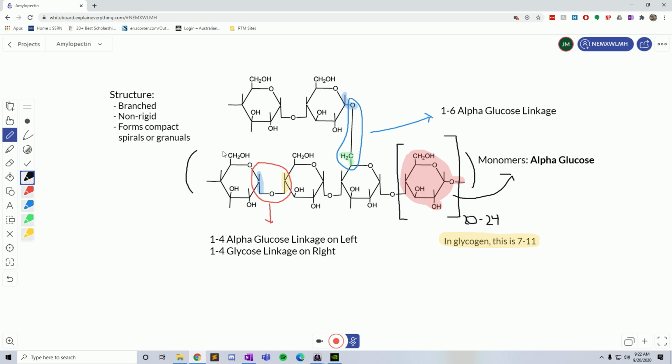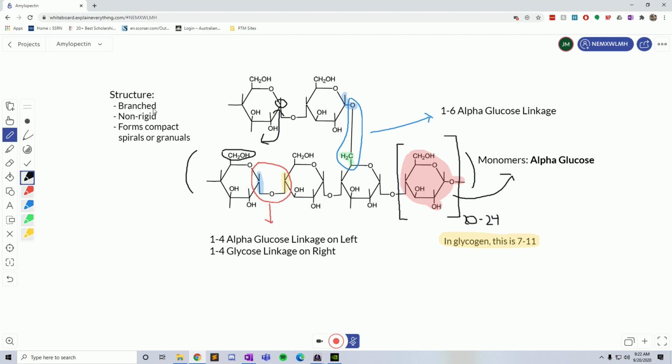Now this happens when this guy interacts with the OH that's normally present there, and these guys interact, and that causes this bond over here, and that causes branching in the molecule. So we have the regular amylose bonds in the straight chain, but we also have 1,6 alpha glucose linkages. And now this creates a branch every 20 to 24 repeats.